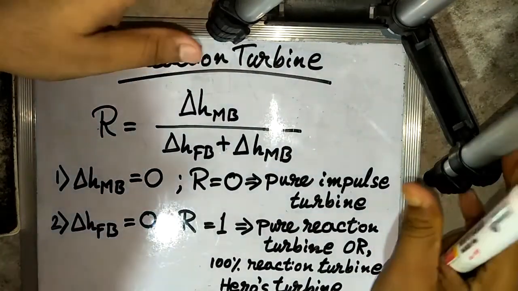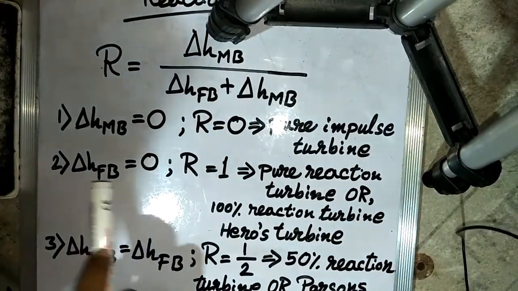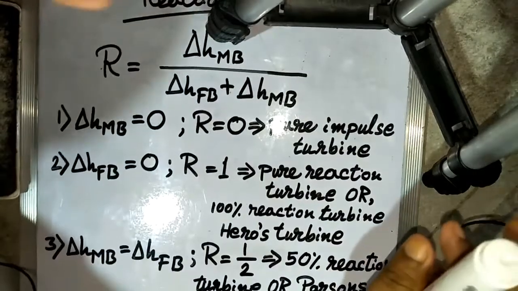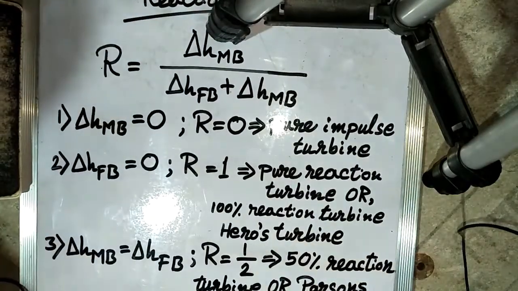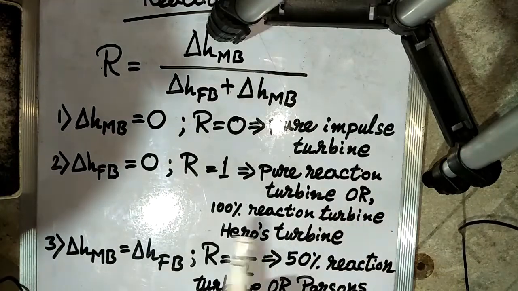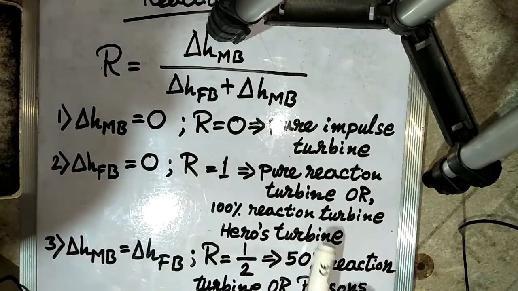Number 2 is when the enthalpy drop in the fixed blade is 0, so the value of R becomes 1. So we can say it's a pure reaction turbine, or 100% reaction turbine. Hero's turbine is this 100% reaction turbine.